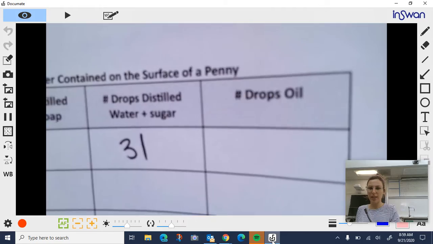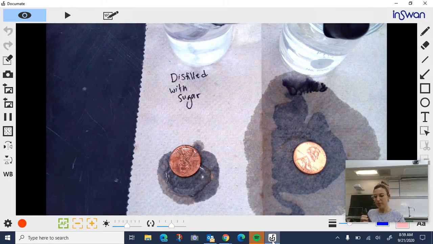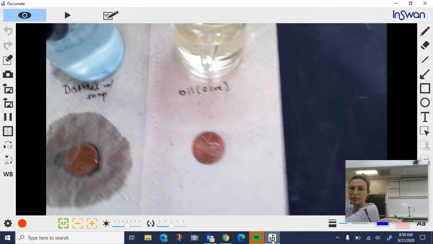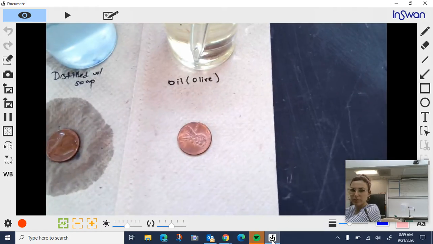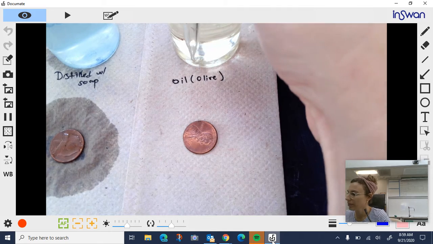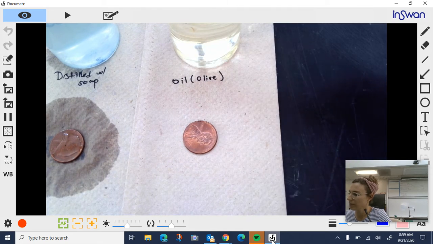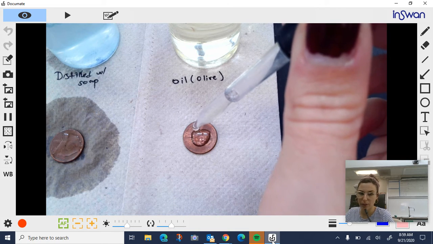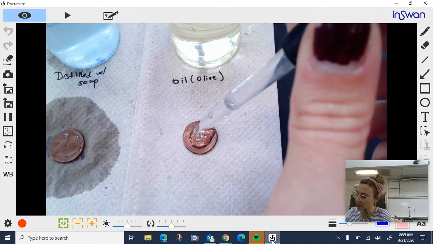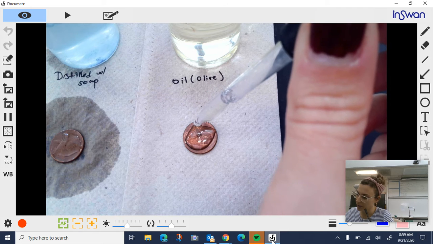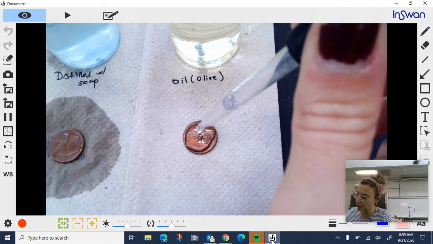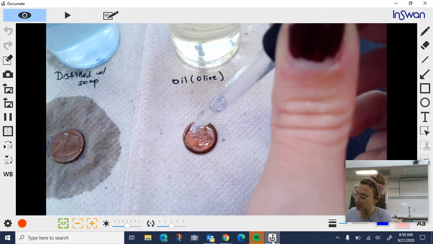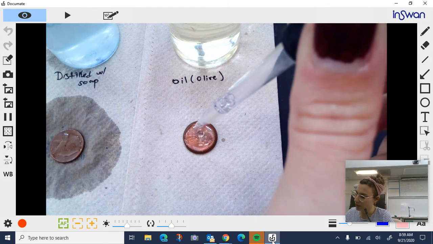Okay, last one is our drops of oil. Two, 3, 4, 5, 6, 7, 8, 9, 10, 11, 12, 13, 14.